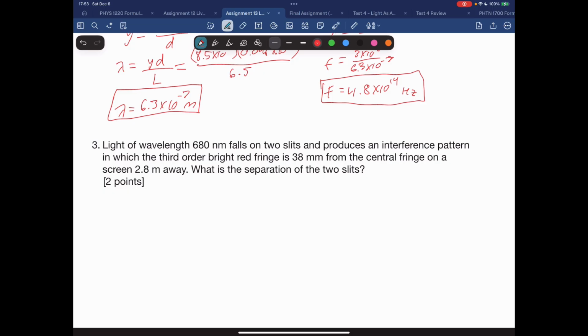So again, I'm going to go ahead and use this formula for double slit interference again with fringe spacing. And we are told that this is a third order. So m equals 3. And we are looking for the separation, so we'll rearrange this for d.